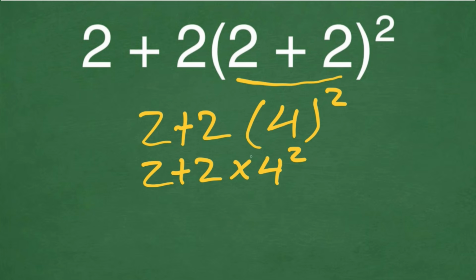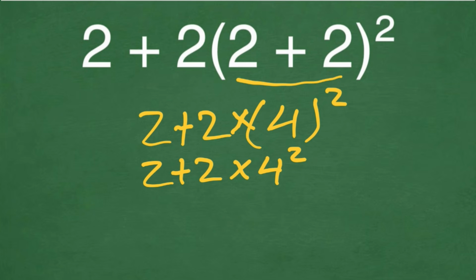So I added the multiplication because if a number is placed next to parentheses, that means multiplication, right? So keep this in mind, and you are going to get this right in the next video, in the next equation or in the next problem. So here we have exponent, multiplication, and addition.